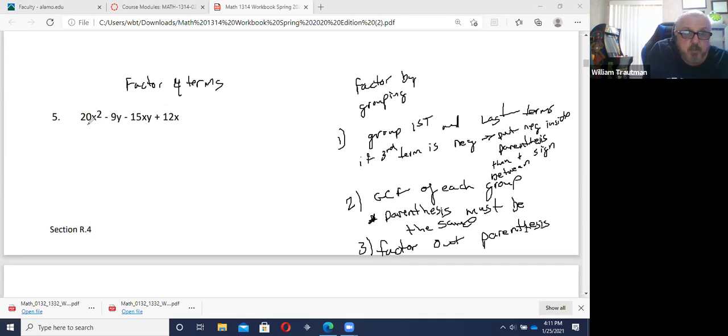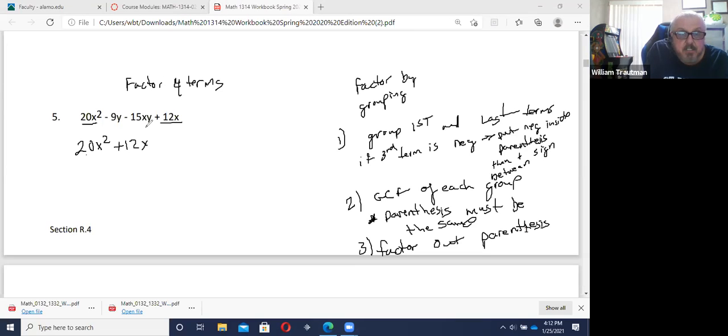So I'm going to rearrange these. I see the x's. I'm going to try to put the x's together, 20x² plus 12x, and then I have -9y. Let me do it this way, because this is a 20, and I know 5 is a factor of 20. Let's see, 4 and 5, I think we might be able to do that.